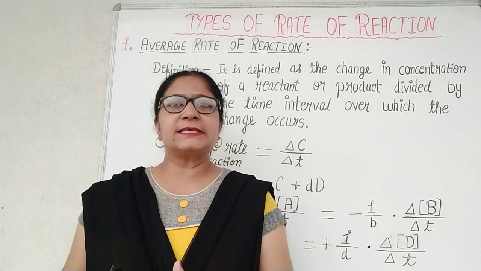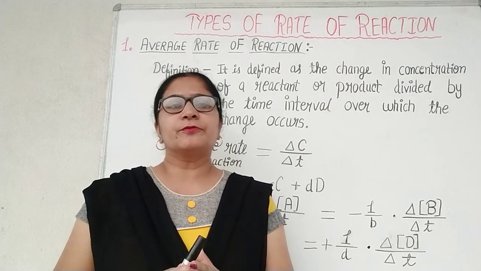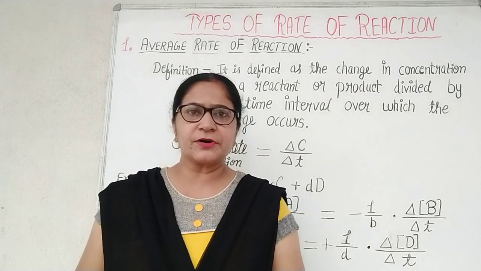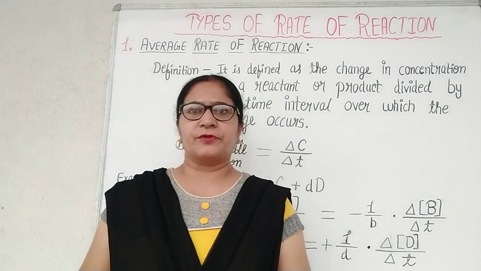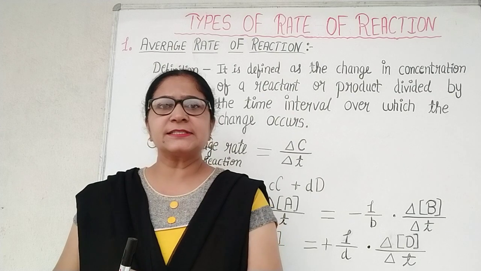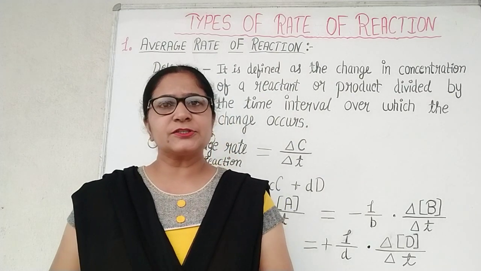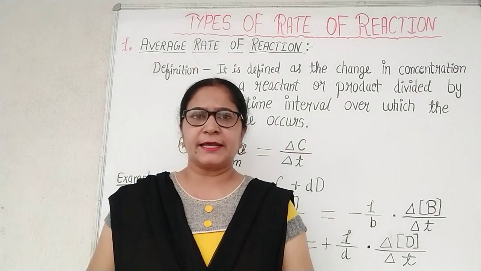But rate of reaction is of two types. The first one is average rate of reaction and the second one is instantaneous rate of reaction. Let us study these in detail.